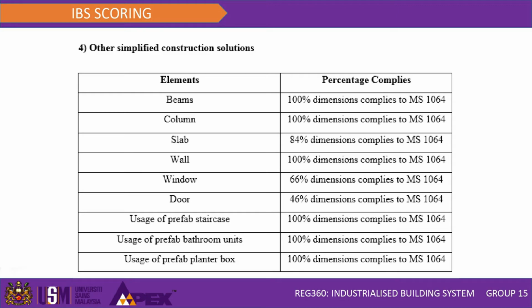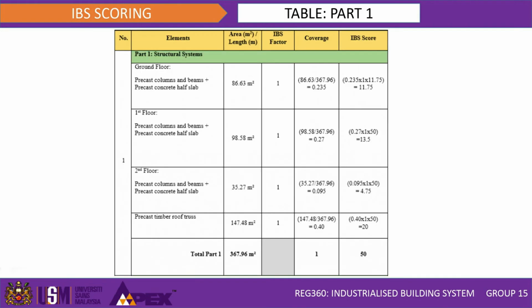And this is our other simplified construction solutions. For the beam and column, we managed to get 100% dimension compliance to MS 1064, and for slab we only get 84%, for wall 100%, for window 66%, for door 46%, and prefab staircase 100%, prefab bathroom unit 100%, prefab planter box 100%.